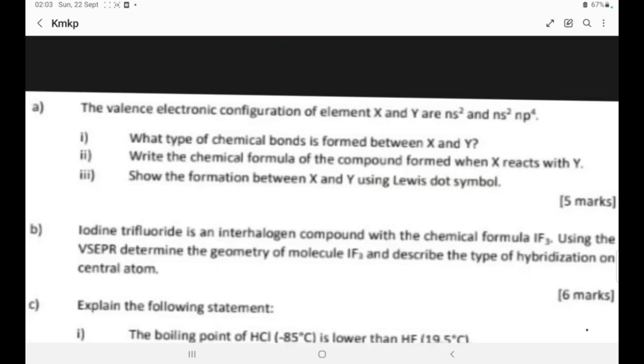A3 Roman, show the formation between X and Y using Lewis dot symbol.